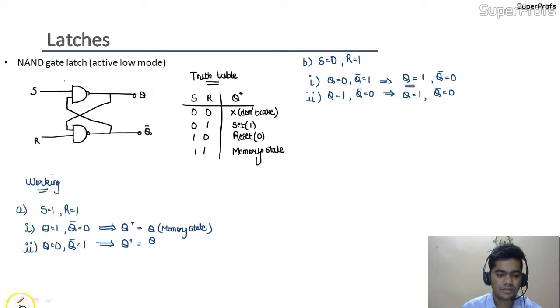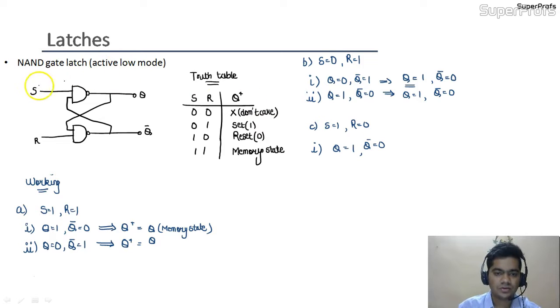Okay, so suppose we are writing our third condition, that is S equals 1 and R equals 0. So taking the first case, let us assume Q equals 1 and Q bar equals 0.